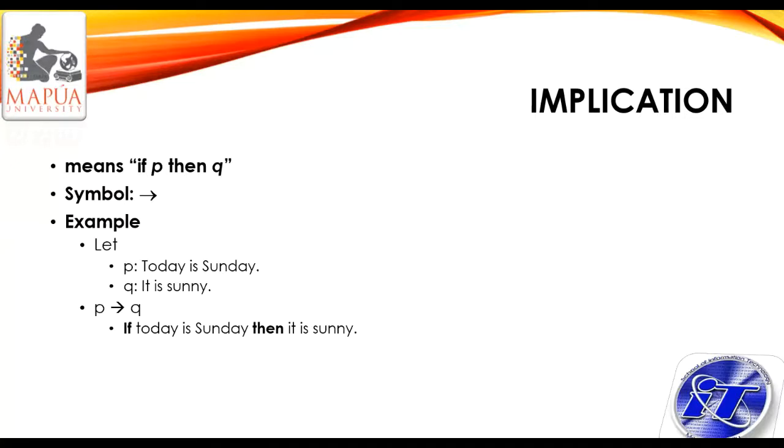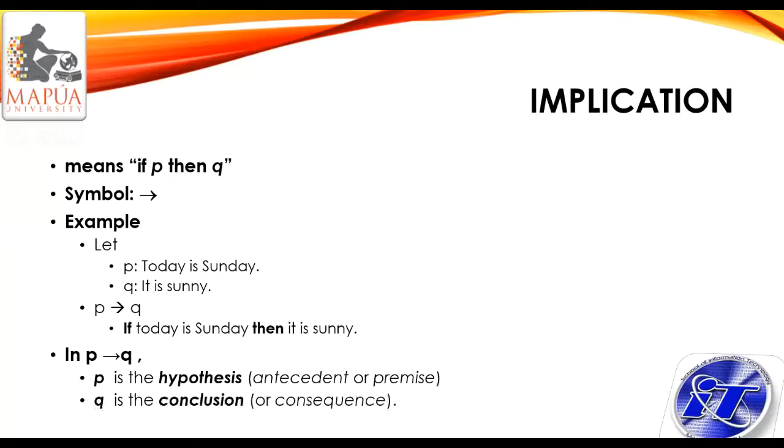So that's the meaning of P arrow Q. Okay, and also, by the way, in P implies Q, P is the hypothesis, antecedent, or premise, while Q is the conclusion, consequence, or the result of the if statement.